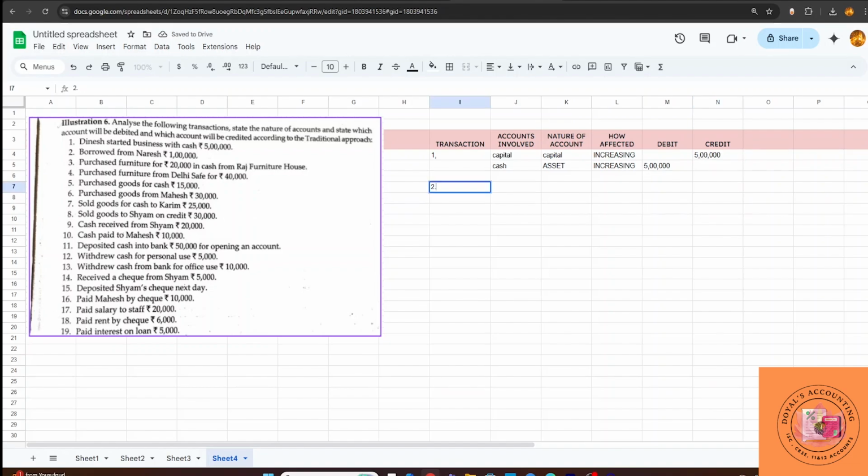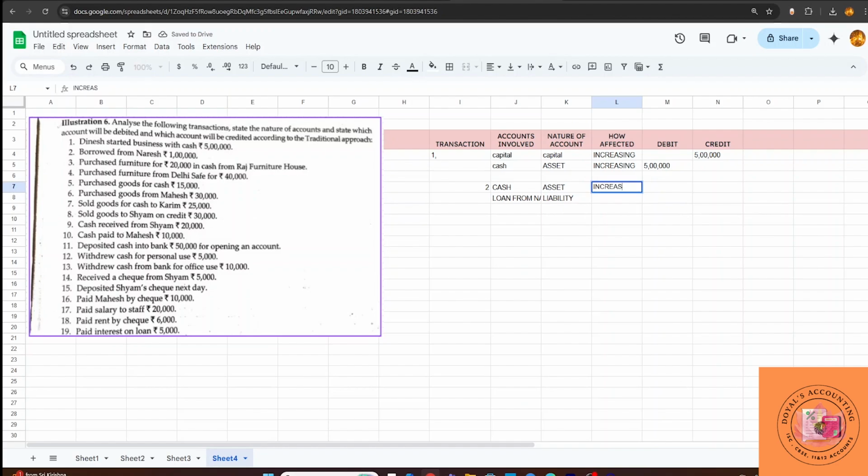Number 2, borrowed from Naresh rupees 1 lakh. So we have borrowed cash of 1 lakh rupees from Naresh. So this means we have created a liability to Naresh. So what are the accounts that are being involved here? One will be cash and the other one is loan from Naresh. Cash by nature is an asset and the loan from Naresh in nature is a liability.